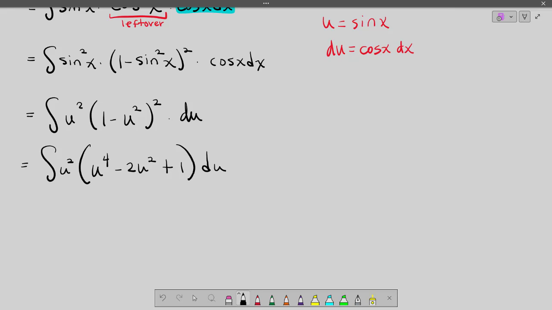So we'll FOIL that. And then we've got that. And then we integrate.